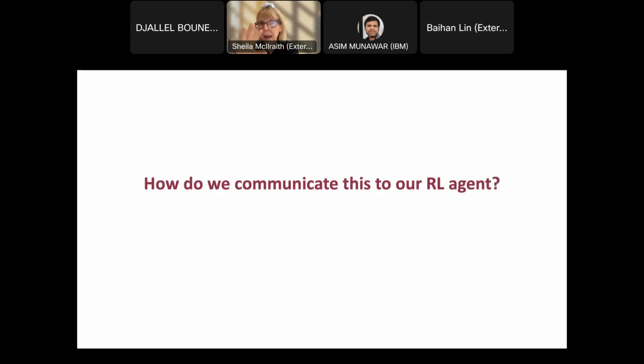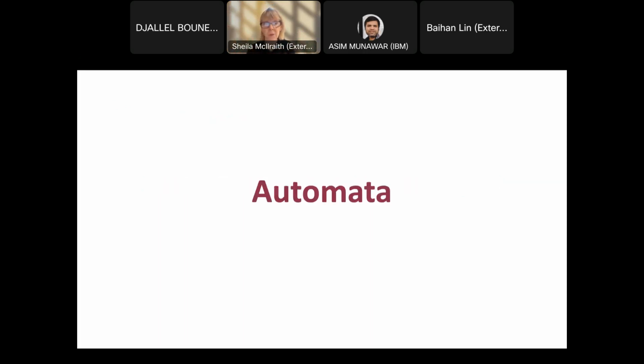So that's great. You can imagine, going back to those examples that I gave you before, writing them in linear temporal logic. So now I know how to write some of these things in a formal language, but how am I going to communicate these to a reinforcement learning agent? Remember, we've just got that function, R of S goes to some real number, or R of S prime goes to some real number. So what's the next step in this process? And the answer is automata.